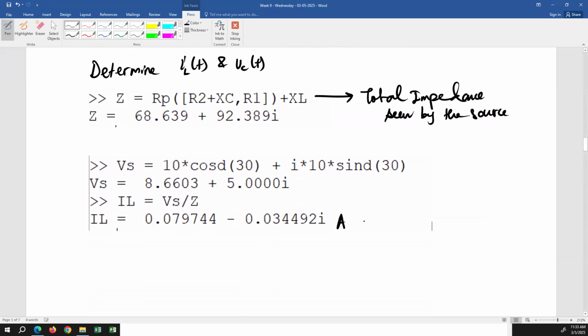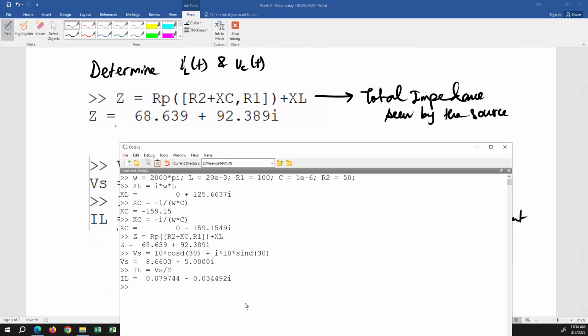So your current is coming out to be this. And here, inductor current. And this inductor current is in phasor form, but it's in rectangular. So we're going to go ahead and convert that into polar form. So we can again use the program, or we can just do absolute of IL.